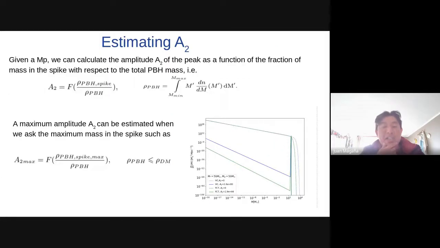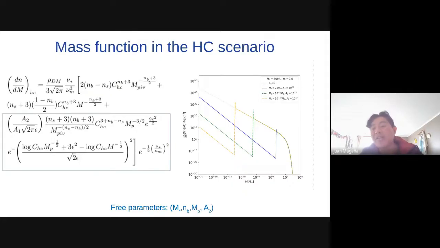At this moment, the amplitude A2 is put by hand, but we don't want to do that. One way to estimate or to calculate the value of A2 is by considering a fraction of the total mass inside the spike.